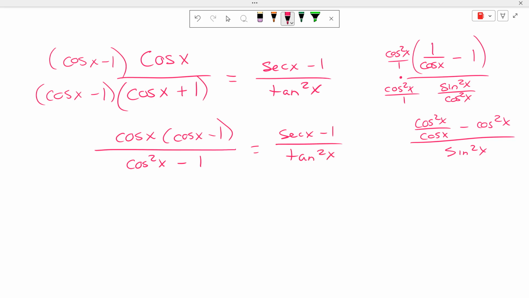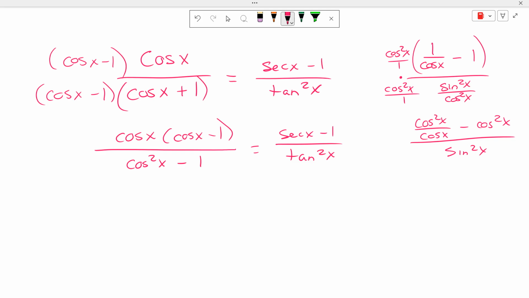All right. So cosine squared of x minus 1 is the same as sine squared of x? Thank you. It's negative sine squared of x. Okay? Because sine squared plus cosine squared equals 1.